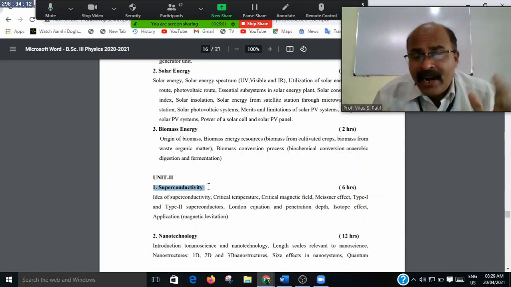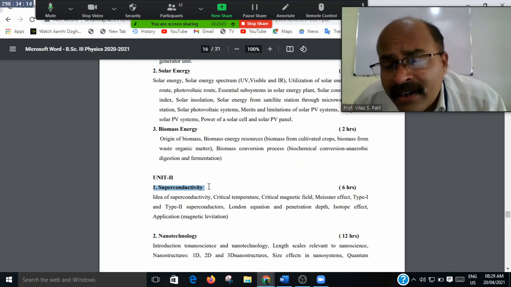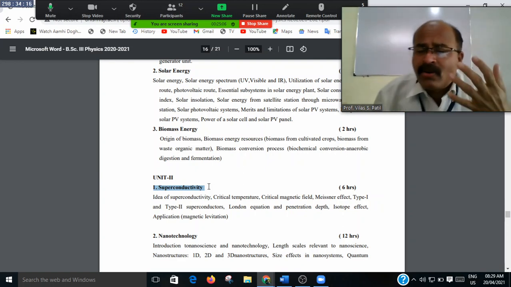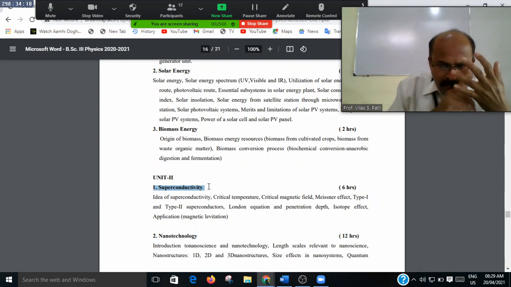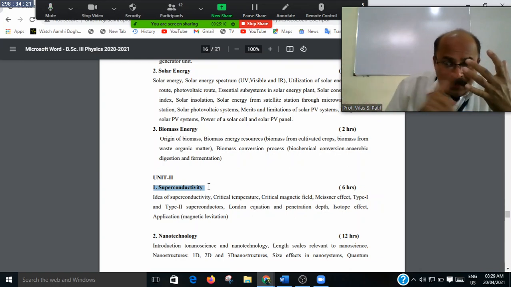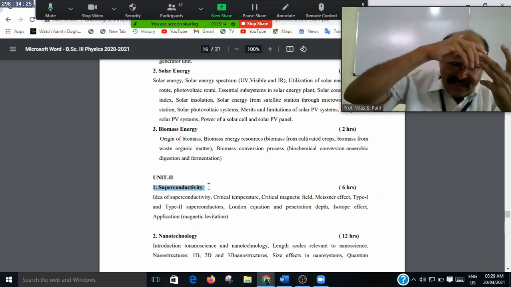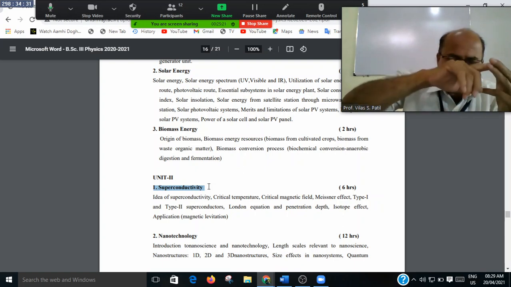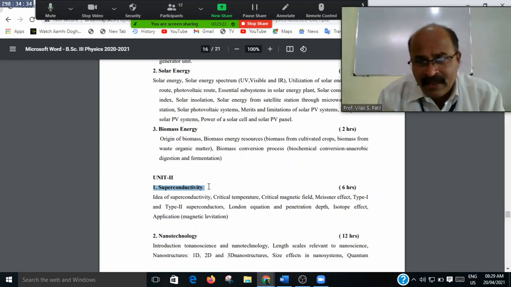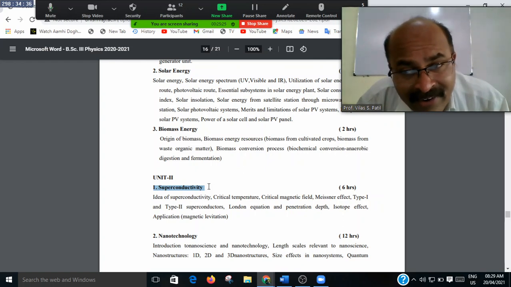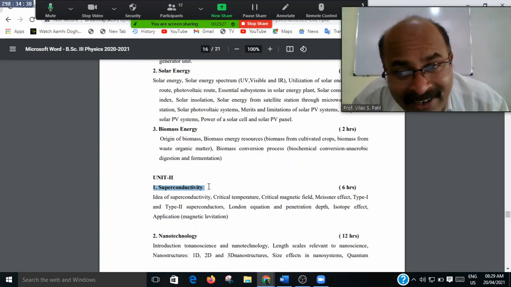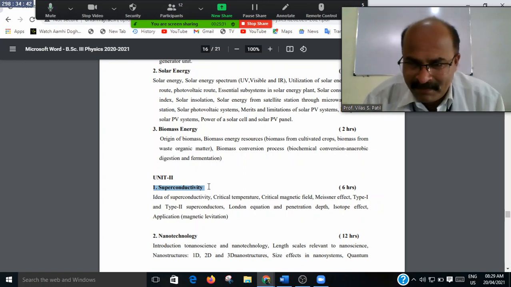And who is the superconductor? We have gotten information about the conductor, insulator, and semiconductor. But semiconductor and conductor are not applicable here. Not only the conductor, we want here the superconductor.